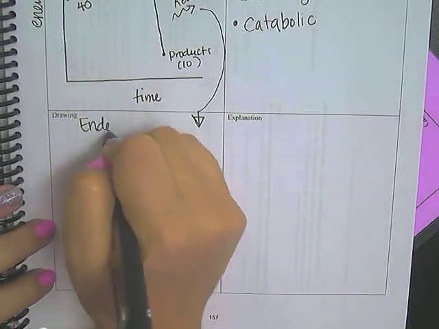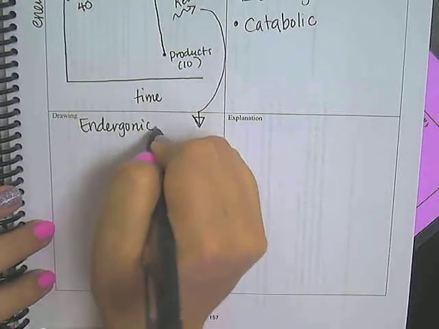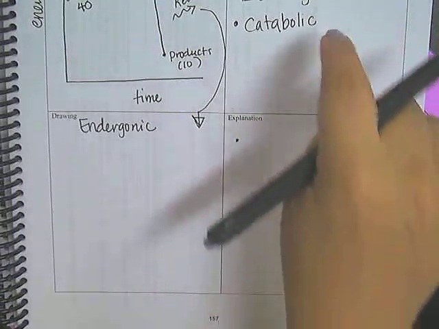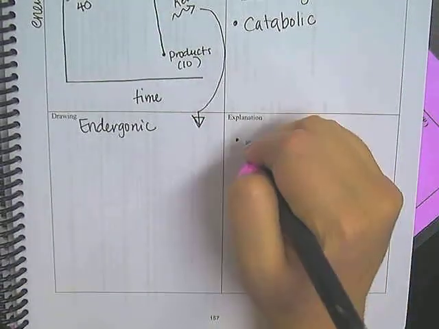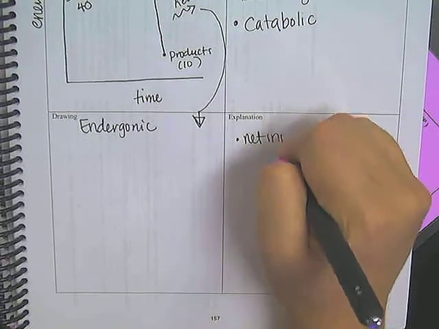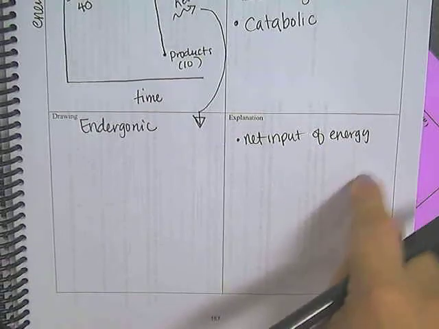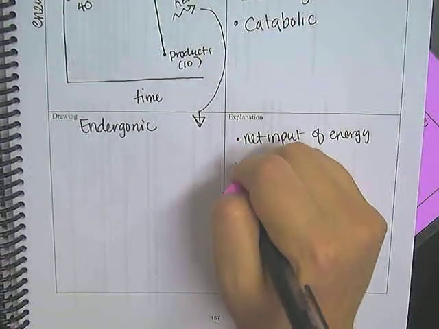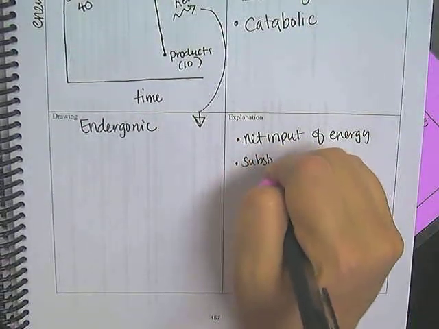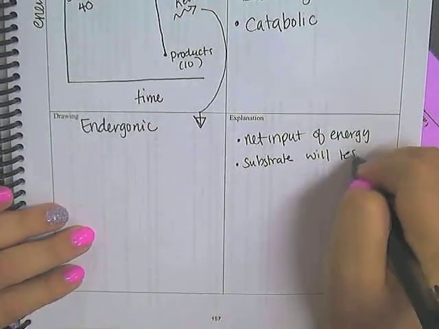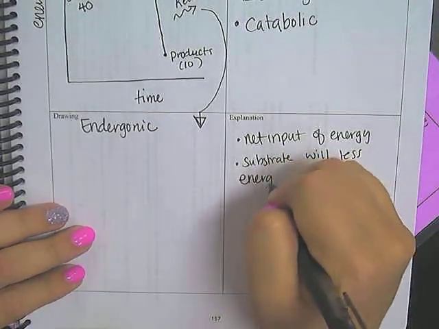So here's our endergonic, and it's opposite of exergonic. So if we have a net release of energy for exergonic, endergonic is going to be net input of energy. And again, that energy is going to come from the exergonic reactions. Our substrate will have less energy than the products.